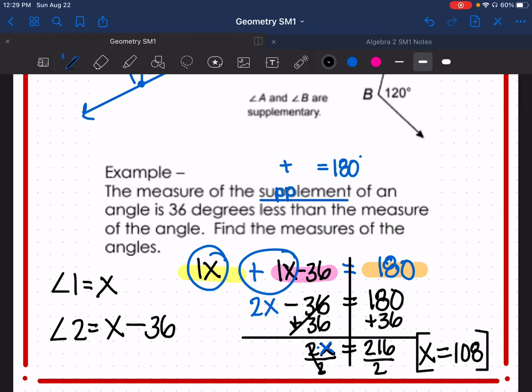Now find the measure of each of them. The measure of angle 1 would be 108 degrees, and the measure of angle 2 would be 108 minus 36, which would be 72 degrees.